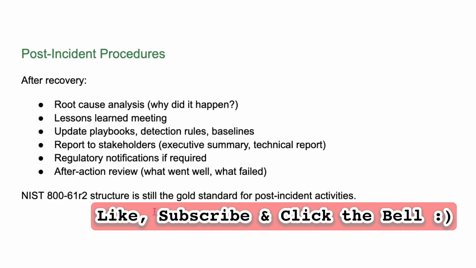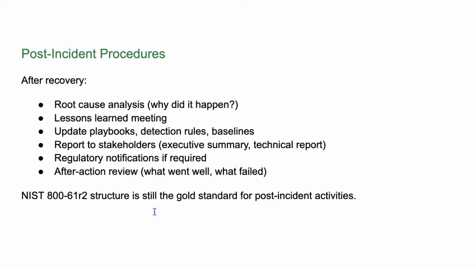Okay, so once the incident has been handled, the continuous monitoring is going, and the dust has settled, so to speak, there needs to be something called the lessons learned meeting, right? We call this post-incident procedures, but really it's this really big tabletop meeting. Everybody is involved.